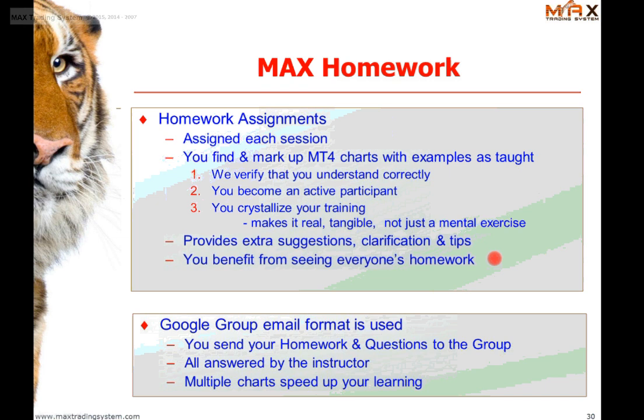So the multiple charts actually speed your learning up. We want to give you as many different hits of how the max works and examples as possible, and the session isn't able to do all that. Generally students find all sorts of stuff that they get into trouble with, and it's a really good way of being able to see how to handle different situations.